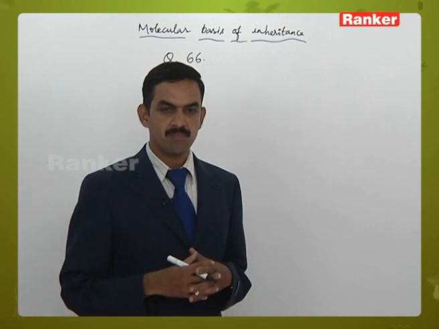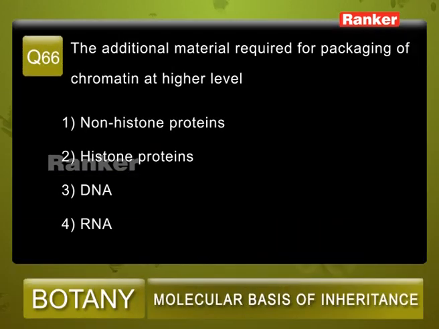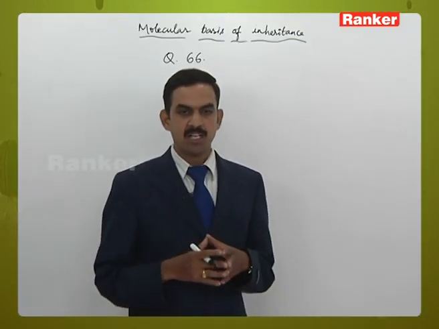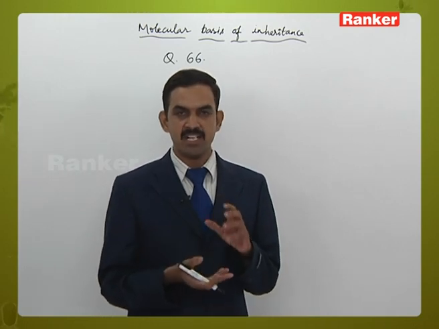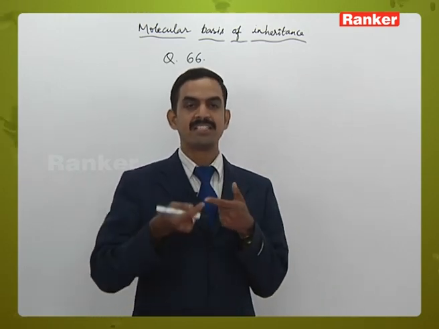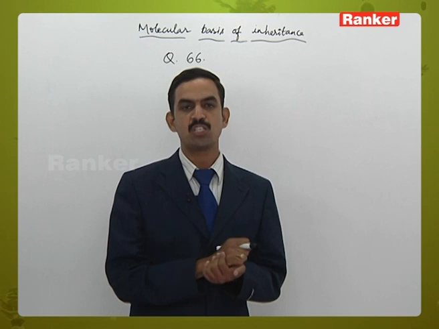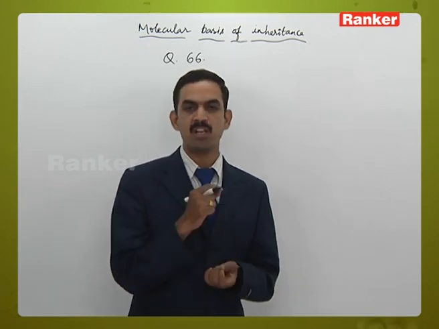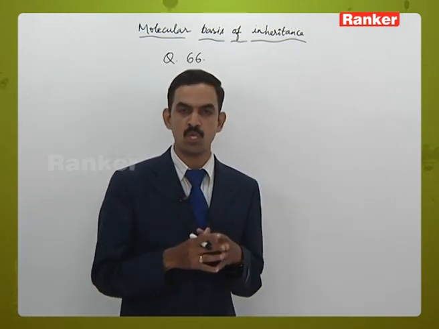Question number 66, the additional material required for packaging of chromatin at higher level. Options: 1. Non-histone proteins, 2. Histone proteins, 3. DNA and 4. RNA. We know that in the packing of chromatin material, the DNA coils around the histone proteins, forming a beads-on-a-string structure, that is nothing but the nucleosomes.